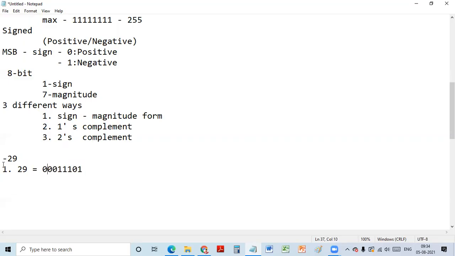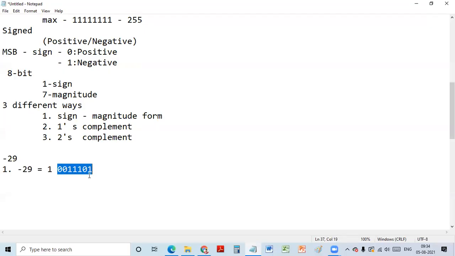This is an 8-bit number, and I want to represent minus 29. In sign magnitude form, the sign bit is separated. This most significant bit is used for representing the sign, and the remaining 7 bits are used for representing the magnitude. So this will become 1 since my number is negative. So this says that the number is negative, and the rest gives the magnitude. This is sign magnitude form.